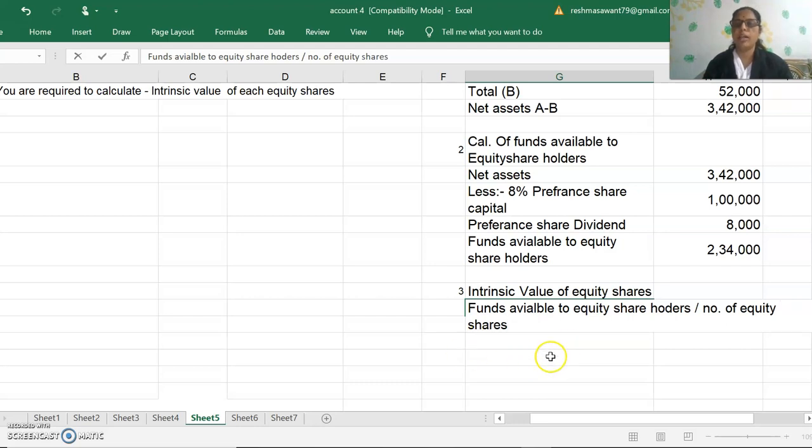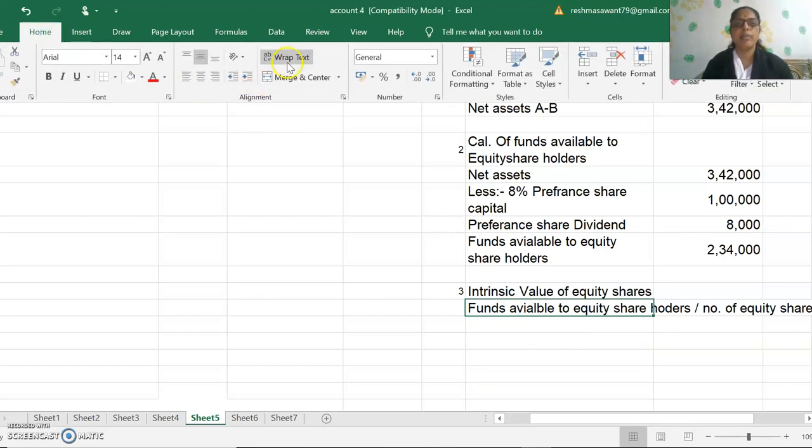So this is the formula. Funds available to equity shareholders divided by the number of equity shares available in your balance sheet.